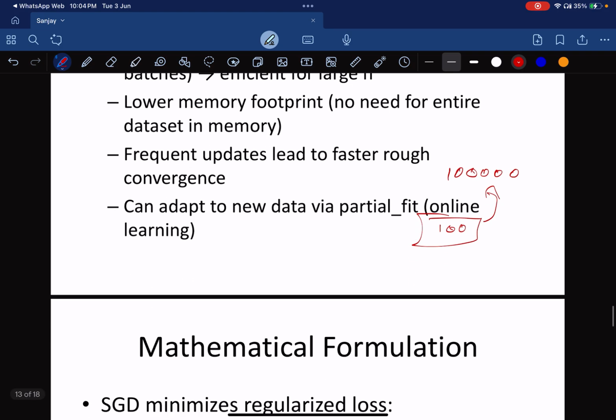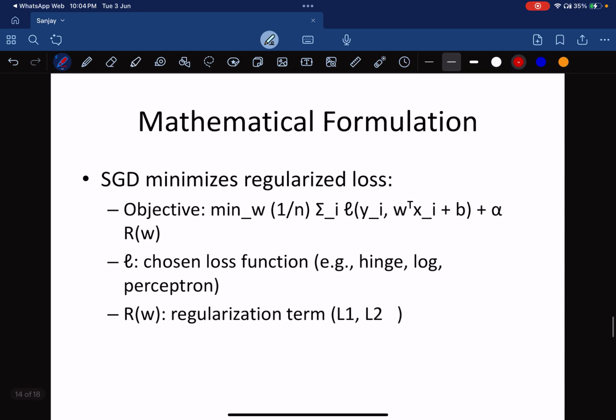Mathematical formulation. SGD minimizes the regularized loss.